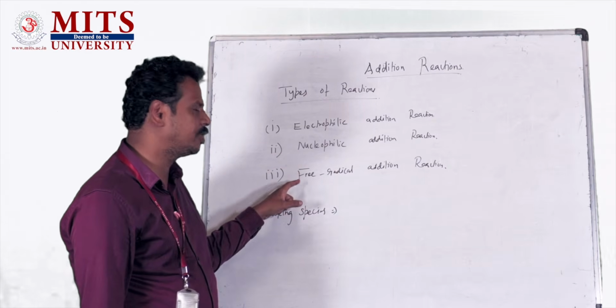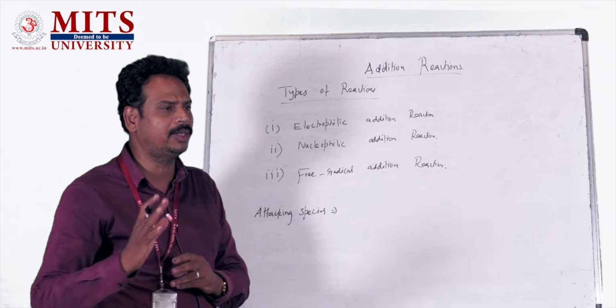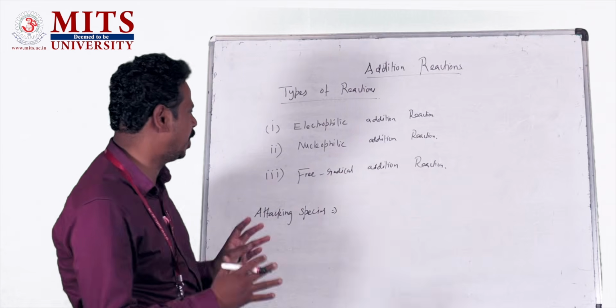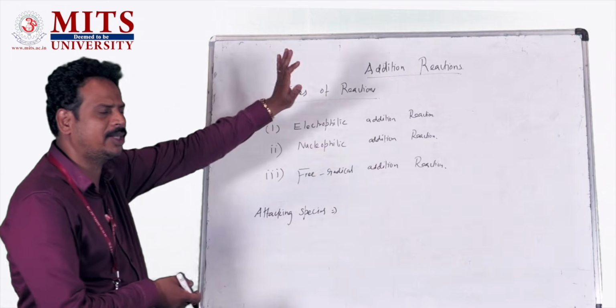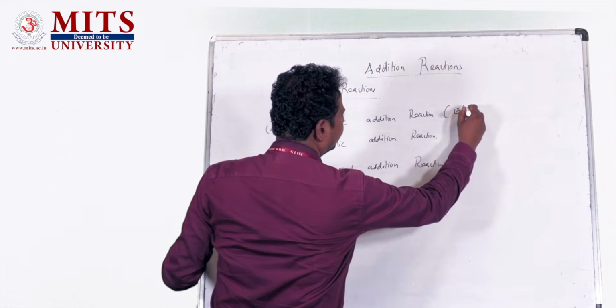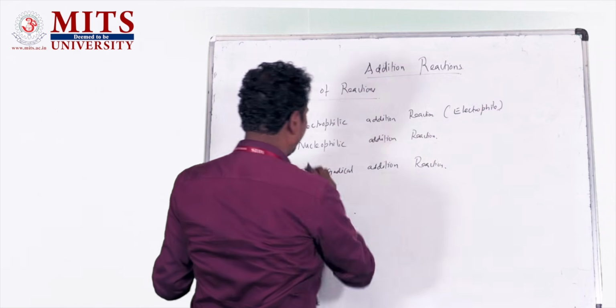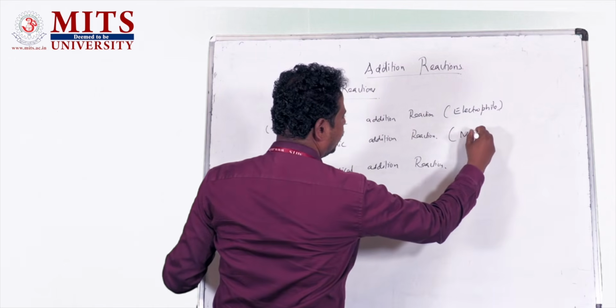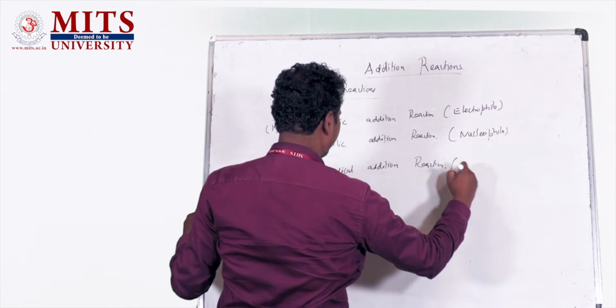And if the attacking species is a free radical, then it is called a free radical addition reaction. So it all mainly depends on the attacking species. For electrophilic, it is the electrophile; for nucleophilic addition reaction, it is the nucleophile; and the third one is the free radical.